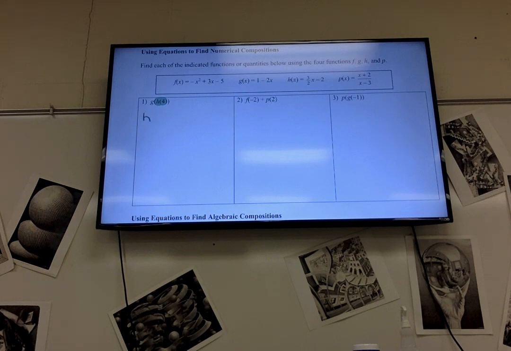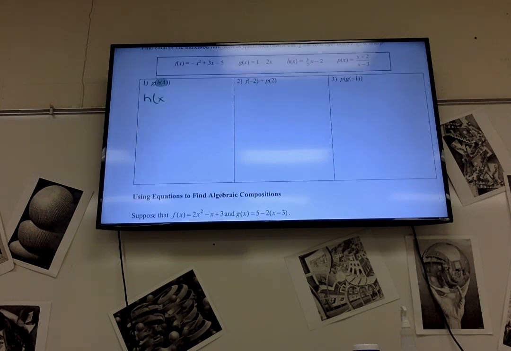So to find h of 4, oops, that should be a 4, I would plug 4 into my h equation because it's h of 4. That's 3/2 times 4 minus 2.